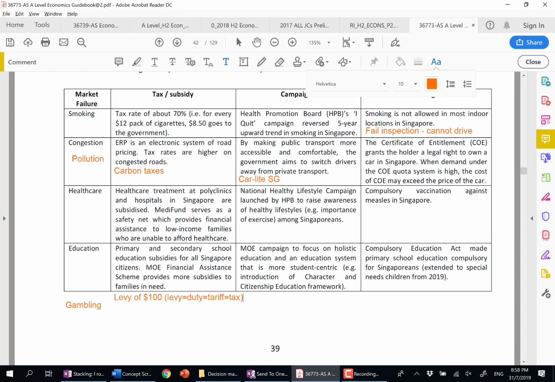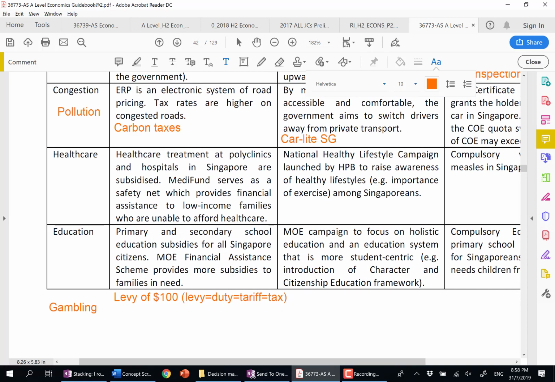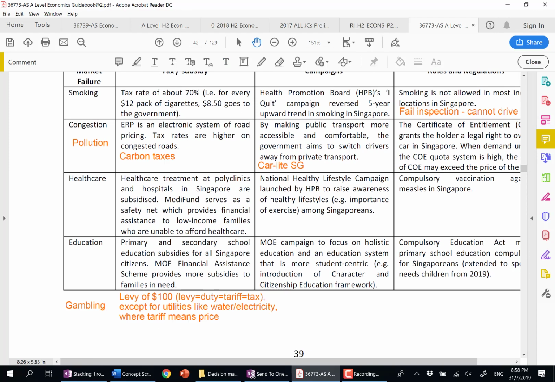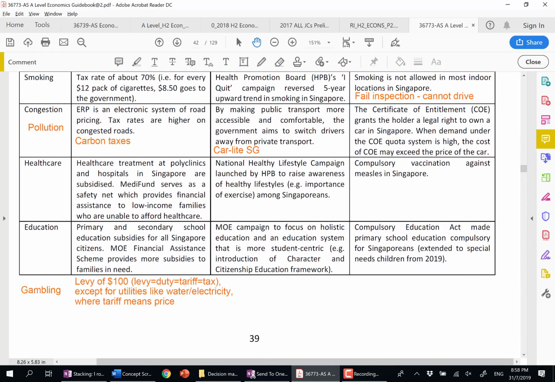Except in the case of utilities, like water or electricity, where tariff just means the price. So when you say water tariffs have gone up, it just means the price of water has gone up. In a way, they wanted to see that it is not free. Whatever flows out from the tap, you are taxed for using it.